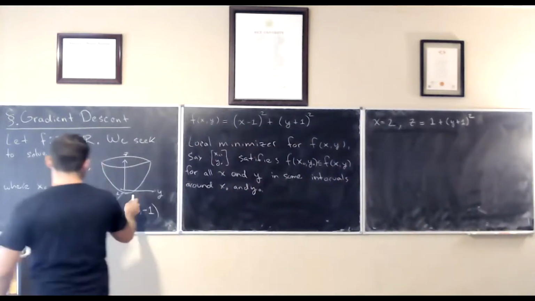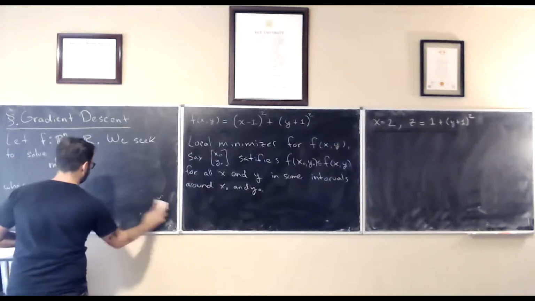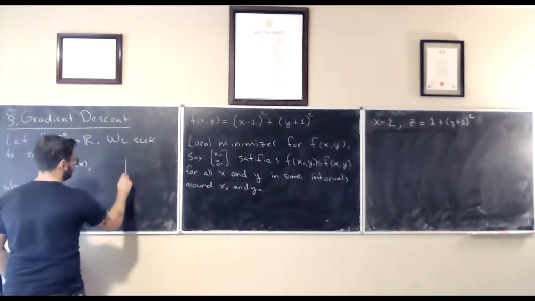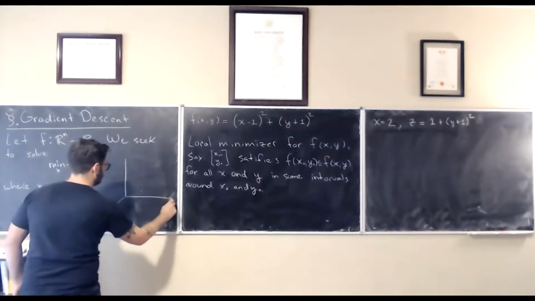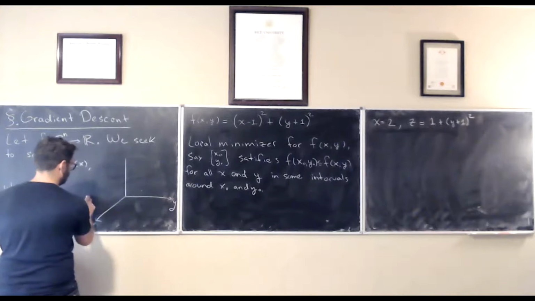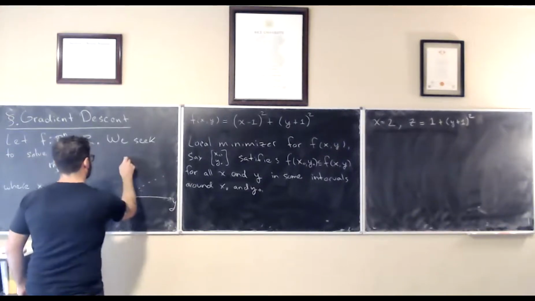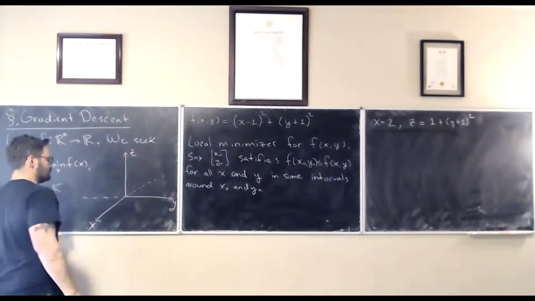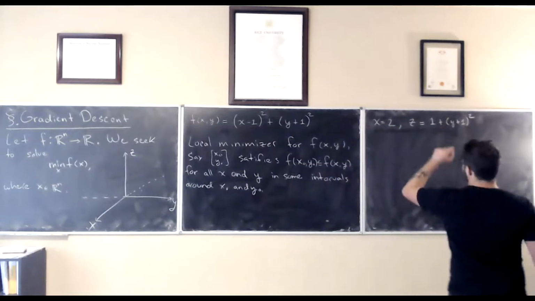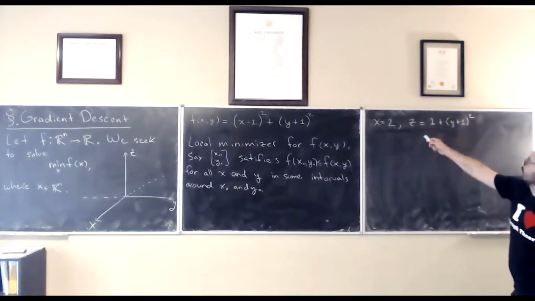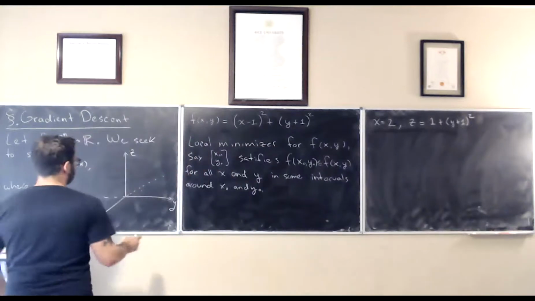So really, this picture is bothering me, I've got to read it out. x, y, z. All right, so if we fix x at 2, and now we're going to treat z as a function of just y, that is the function.